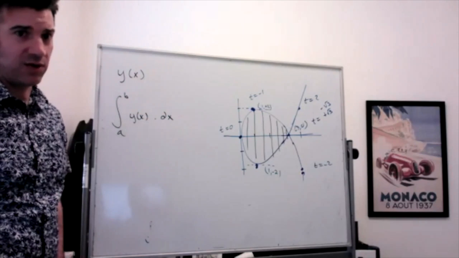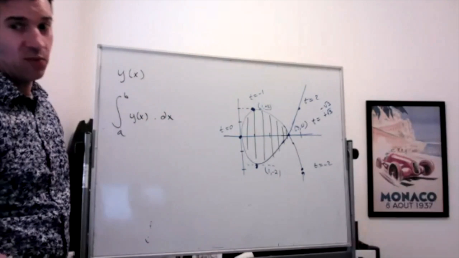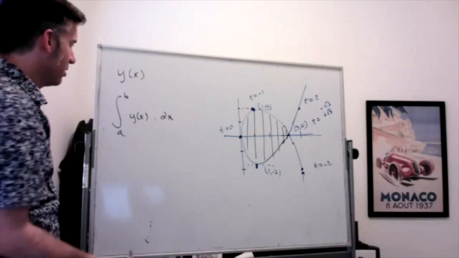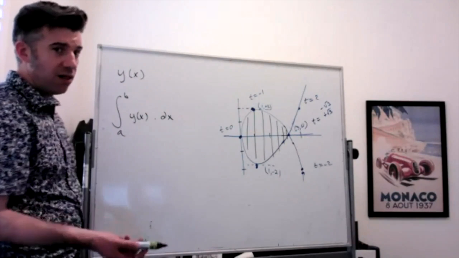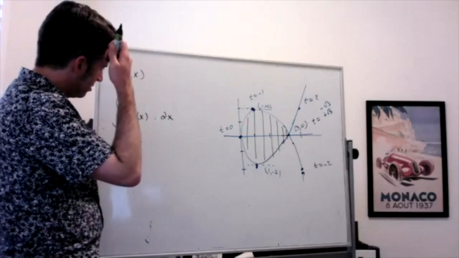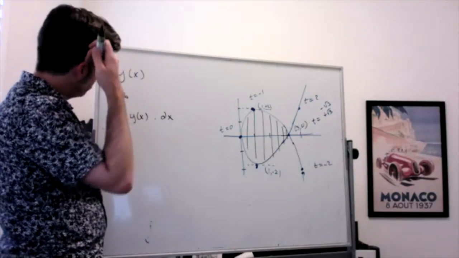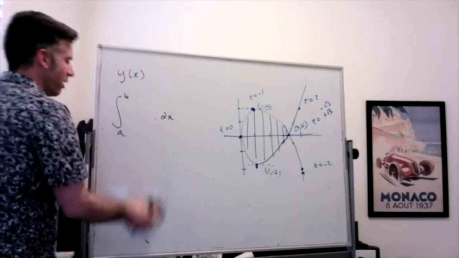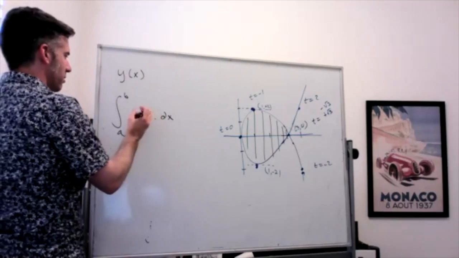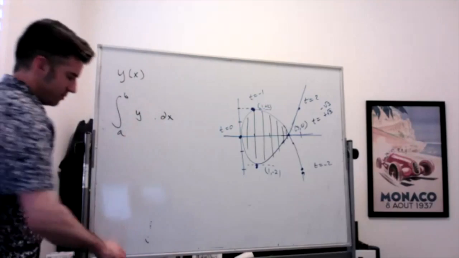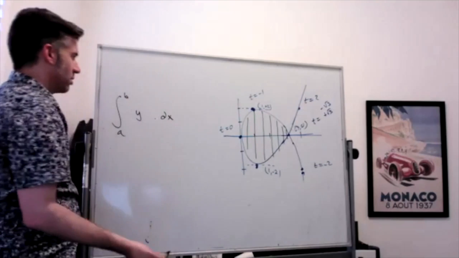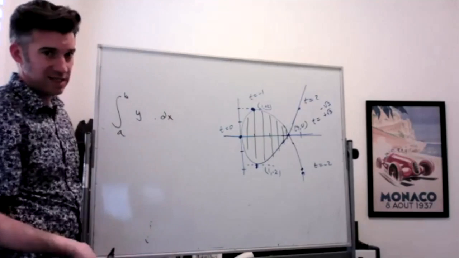And of course, we don't really have y as a function of x. I mean, y is a function of x, but it's also a function of t, because x is a function of t. So what we're going to do is, let's just call it y. We're going to replace things with t's.